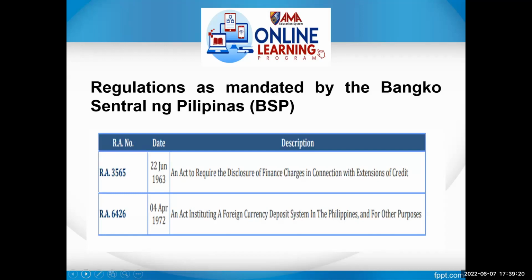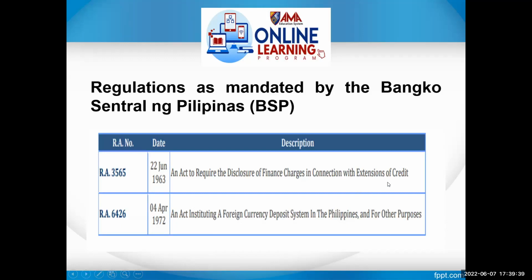That is included in our module for study. So RA 3565, an act to require the disclosure of finance charges in connection with extensions of credit.